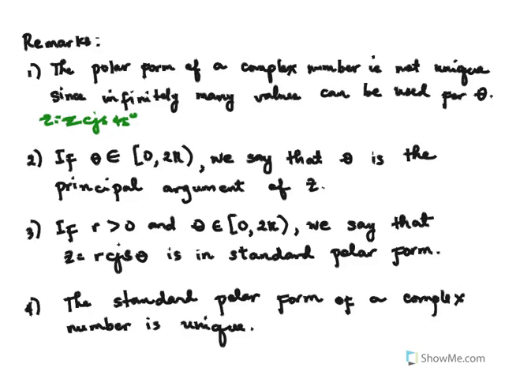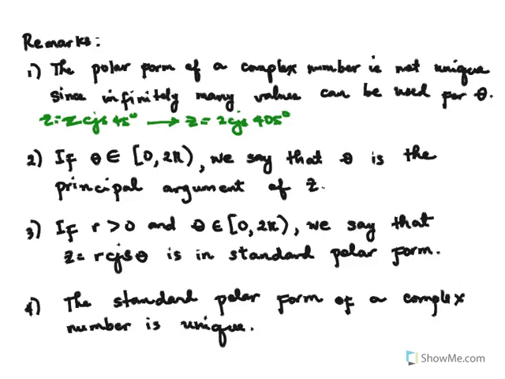So kahit alin doon, pwede mong ipag-represent ng iyong argument theta. So let's say 2 CJS 45 degrees is also the same as having Z equals 2 CJS 405 degrees. Why is that so?